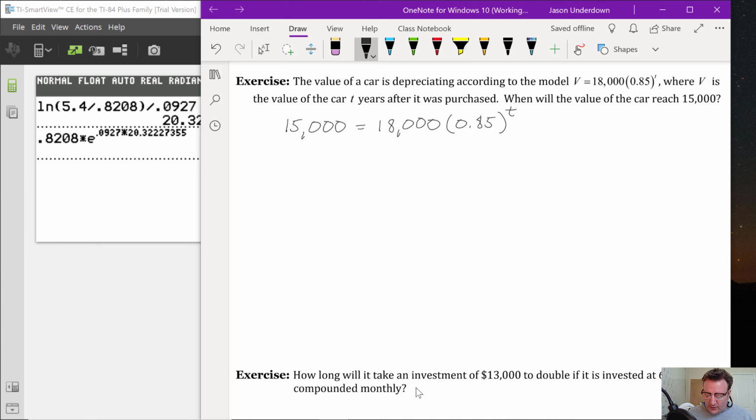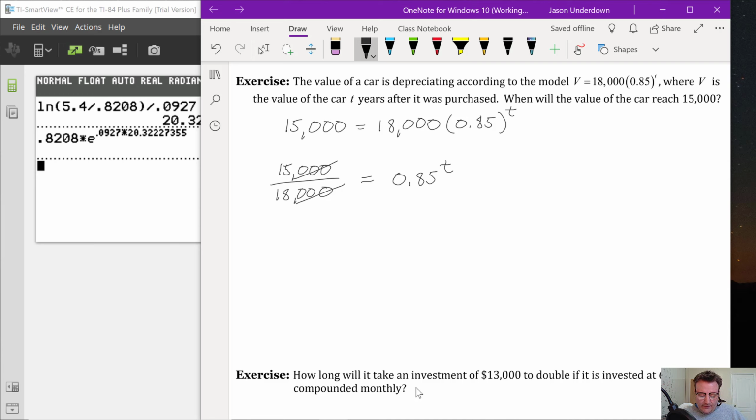Okay, divide both sides of the equation by 18,000. I get 15,000 over 18,000. And of course, that 1,000 cancels with that 1,000. And the right-hand side is just 0.85 raised to the t power.